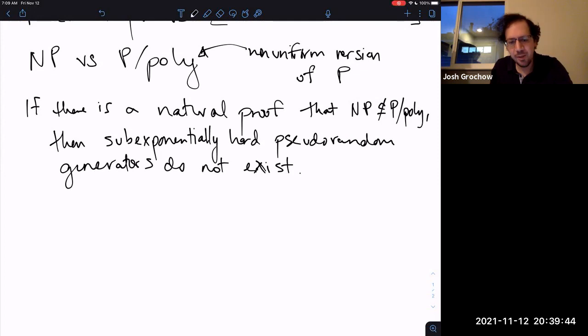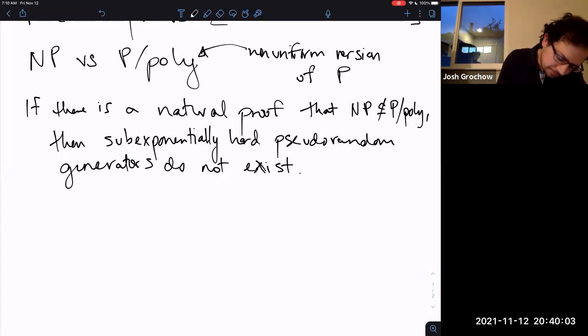Rather than focus on the proof, what they actually said was that most lower bounds focus on a property. They gave a definition of a natural property, and they said if there's a natural property that separates NP from P poly, then sub-exponentially hard pseudorandom generators don't exist.